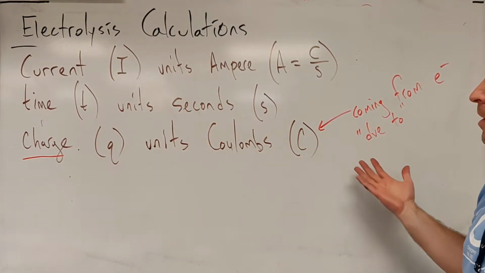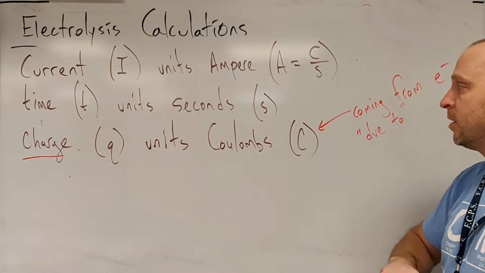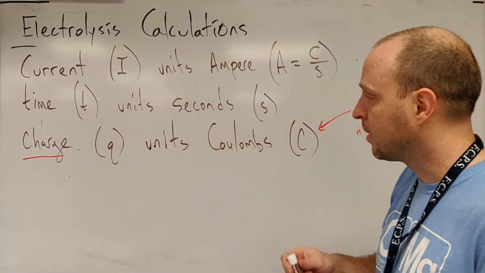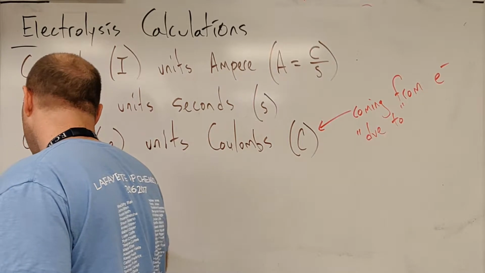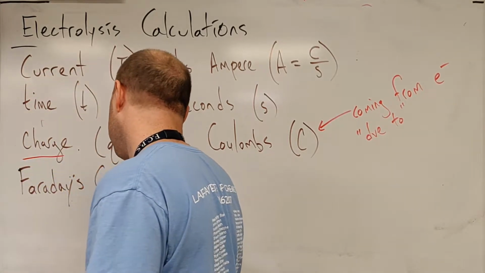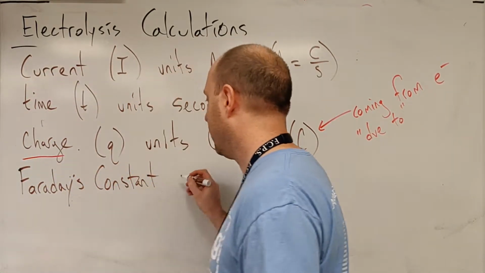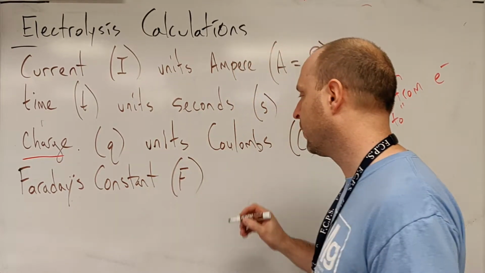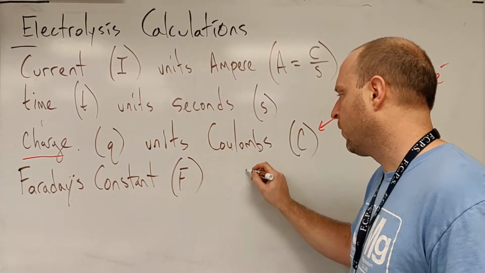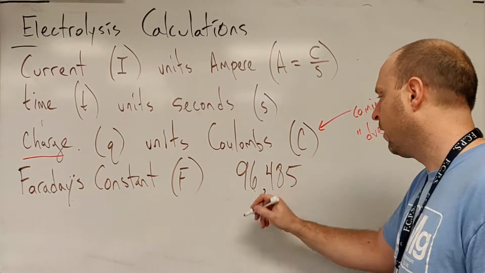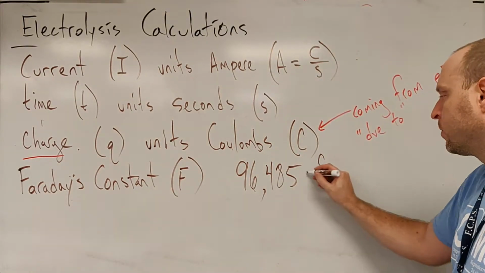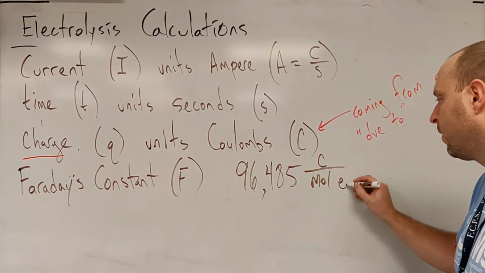And so it would be nice if we could somehow relate our charge to some number of electrons. And it's Faraday's constant that allows us to do that. And that's a capital F when we're looking at the symbol. And the value of that is 96,485 with units of coulombs per mole of electrons.